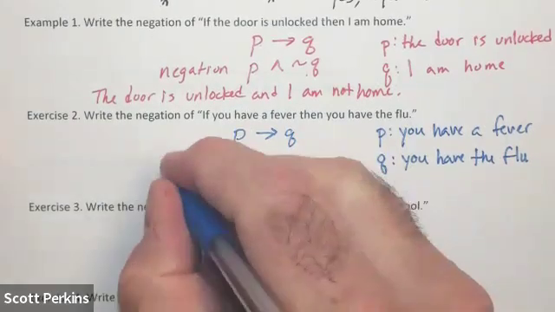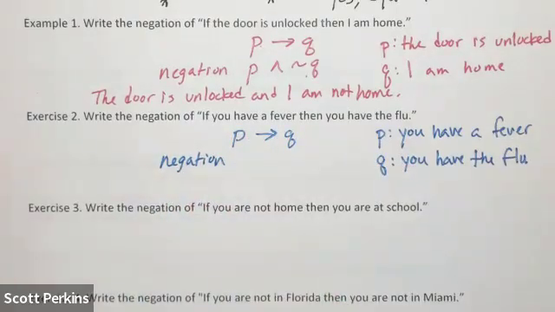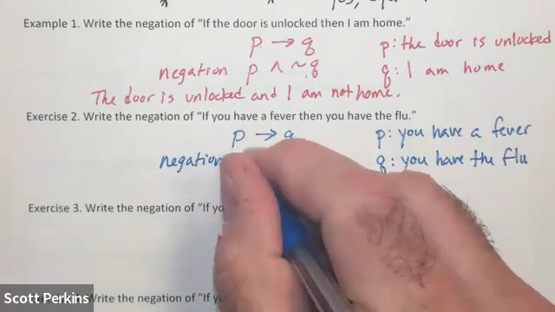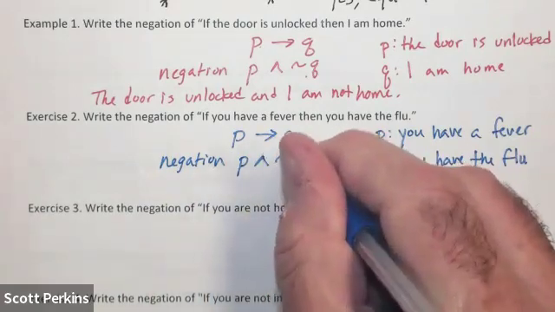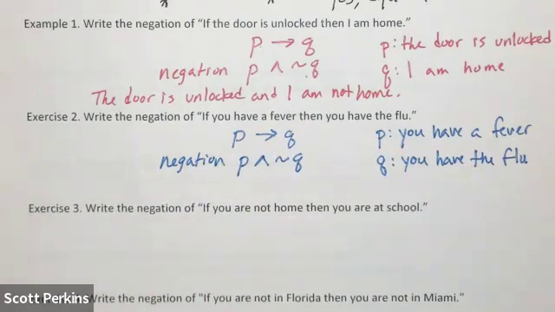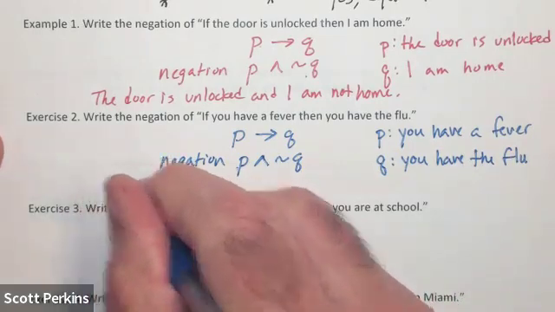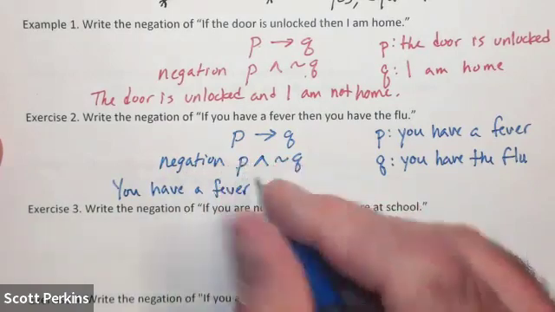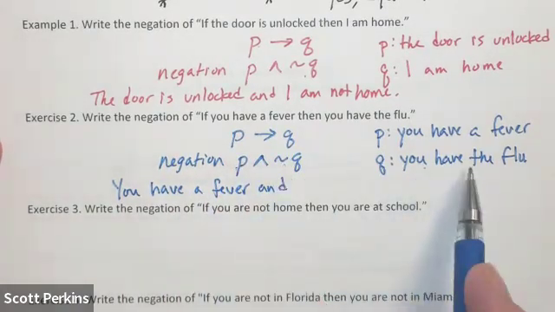And so the negation of that, when I negate this conditional statement, looks like this. You take the condition, you leave it alone, and you take the consequence and you negate it. That is the negation. And now I'm just going to write that in words. So statement P right here is you have a fever, and squiggly Q is you do not have the flu.